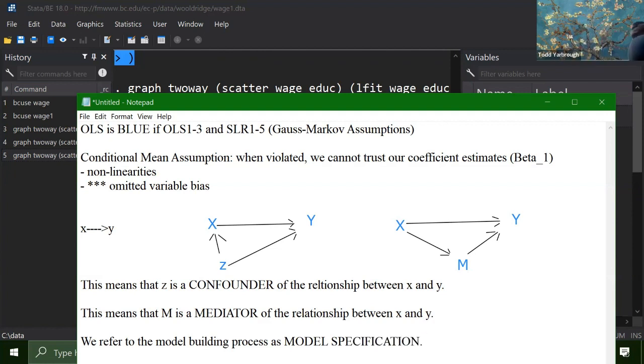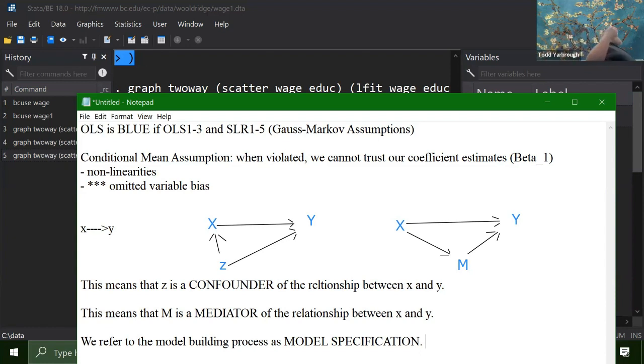We refer to this model building process as model specification. You run a regression, you are going to specify a model. And when you specify a model, you also lay out in very clear terms the specific hypotheses that you are testing.